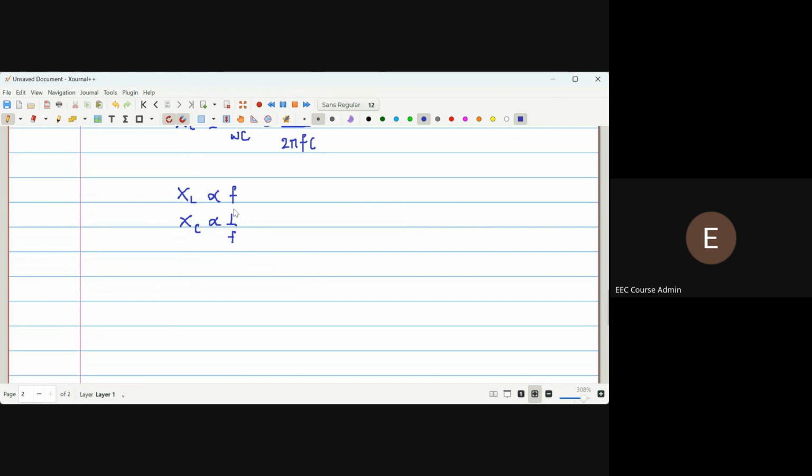So for very high frequency, what about these values XL and XC? XL will be very large and XC will be very small.